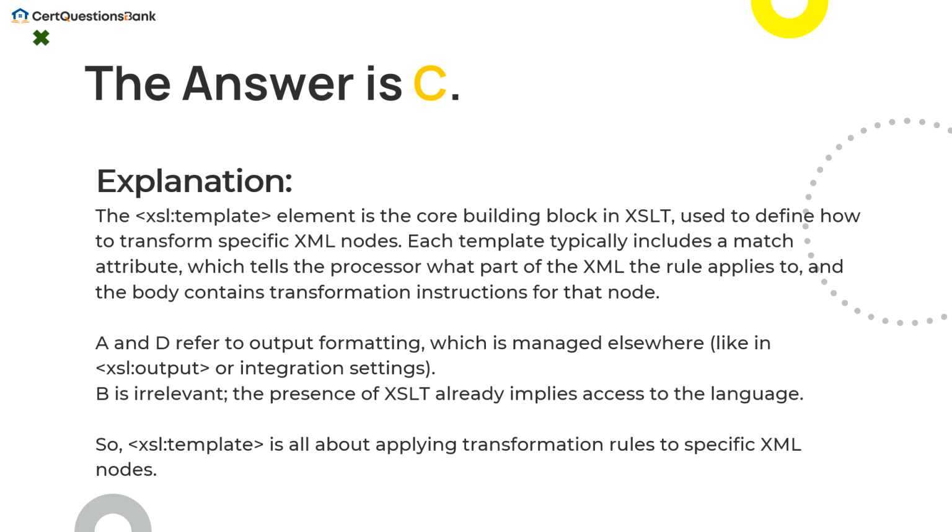A and D refer to output formatting, which is managed elsewhere, like in integration settings. B is irrelevant. The presence of XSLT already implies access to the language. So, the element is all about applying transformation rules to specific XML nodes.